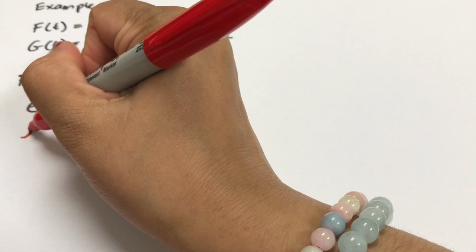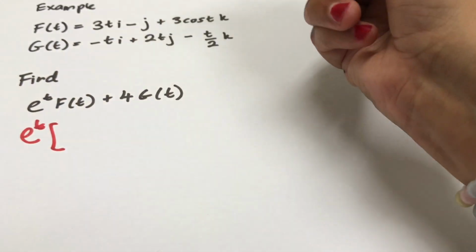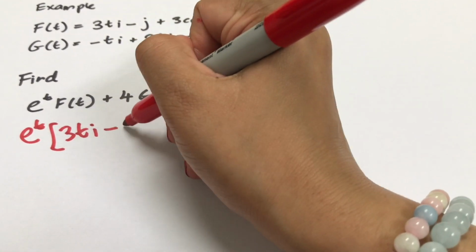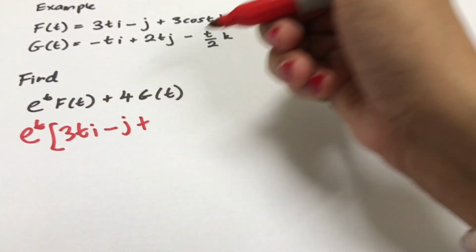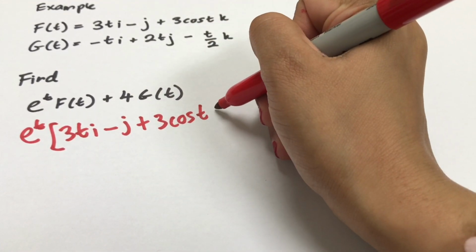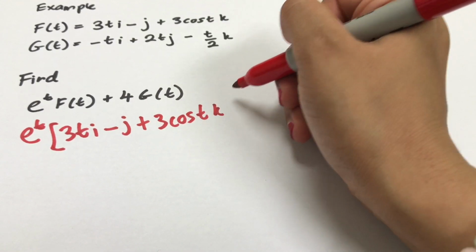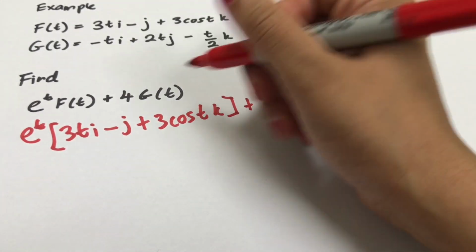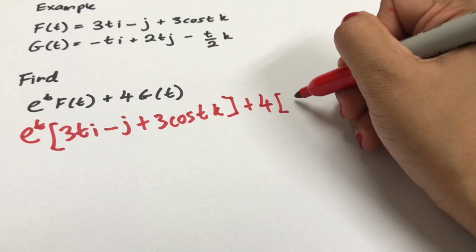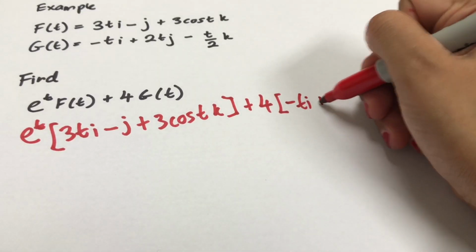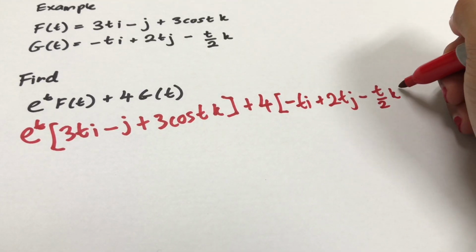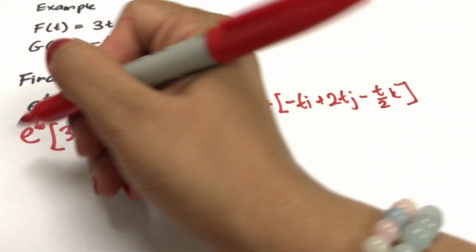So we would have e to the t, f of t is simply 3t i minus j plus 3 cos t k, plus 4 g of t, and g of t is minus t i plus 2t j minus t over 2 k, right?